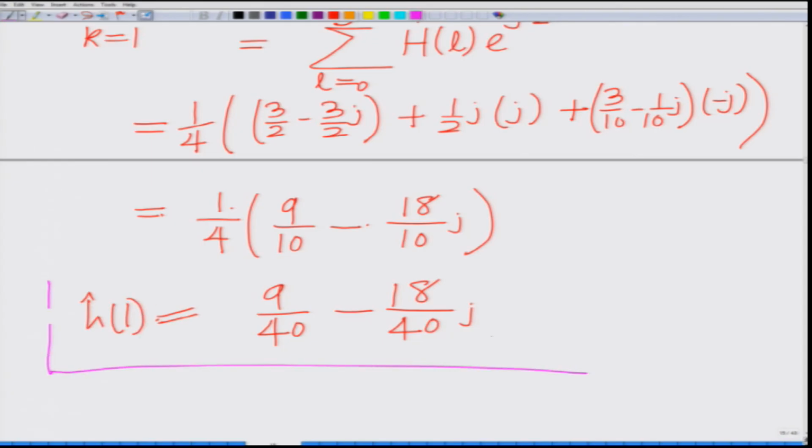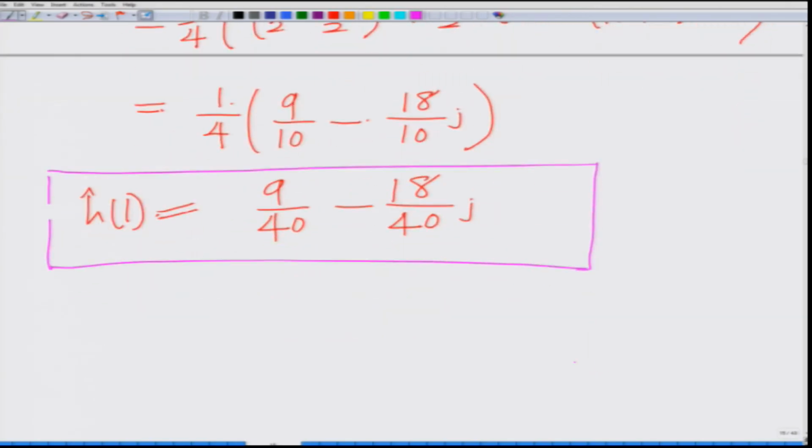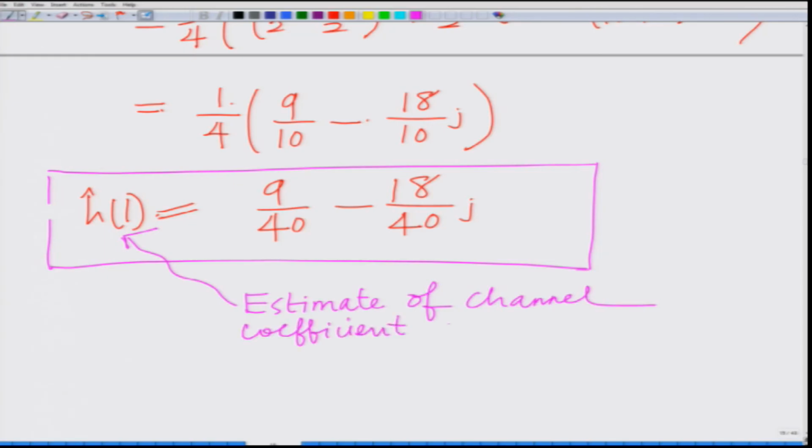This is the estimate of the channel coefficient.